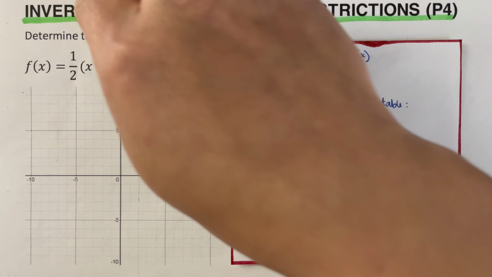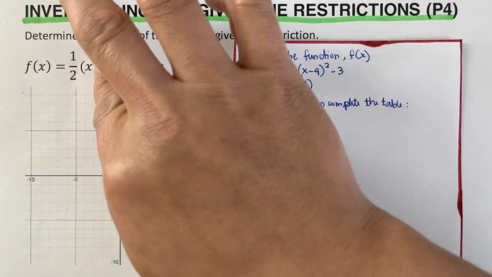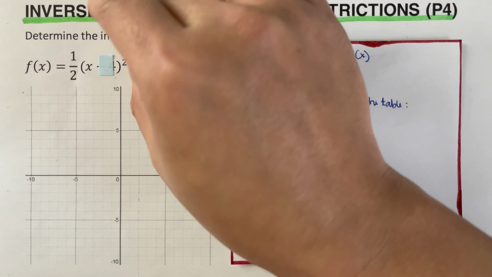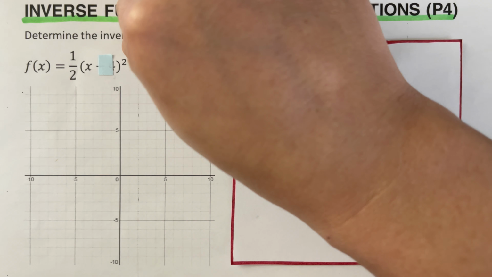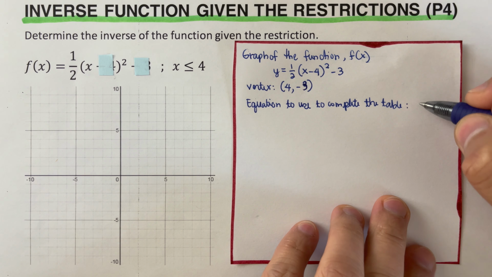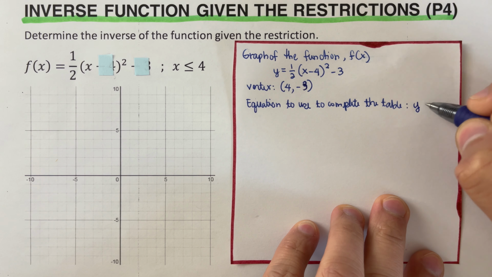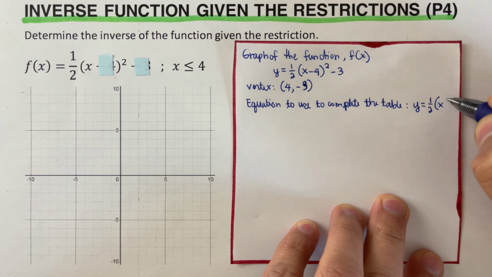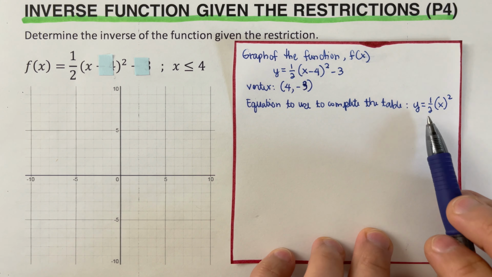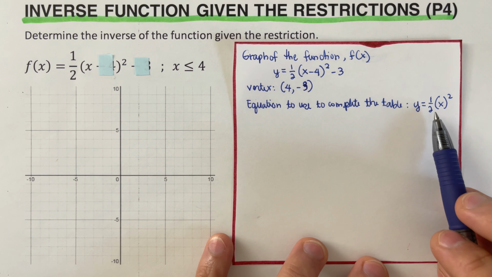So we're just going to cover the h right here, and we are going to cover the k as well. Whatever is the leftover, that would be the equation that we're going to use to complete the table. So the leftover here is y equals 1/2 of just x squared, because again, the h and k were covered. So this is the equation that we're going to use to complete the table.